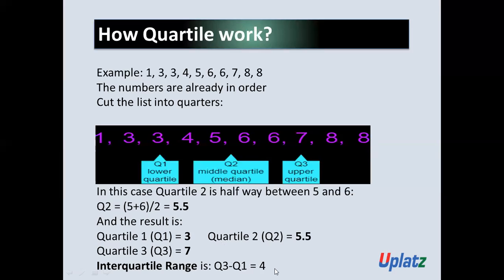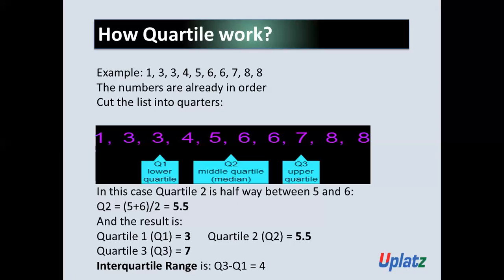Got it? So now I hope you understand what is quartile, what is lower quartile or first quartile, what is upper quartile or third quartile, what is the second quartile or you can say the median. First quartile is nothing but Q1, that is the lower quartile. Second quartile, Q2, that is the median. Third quartile, Q3, that is the upper quartile.